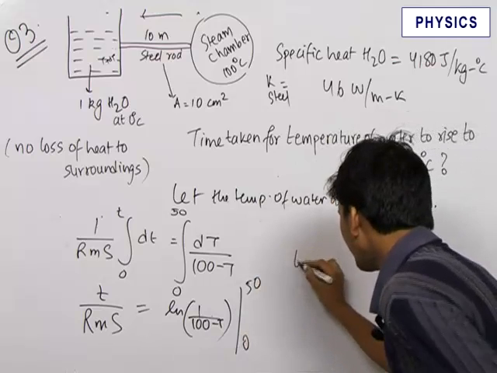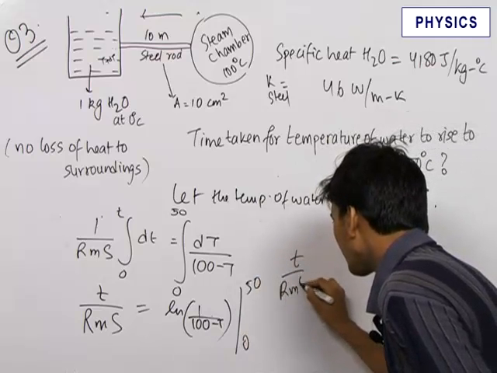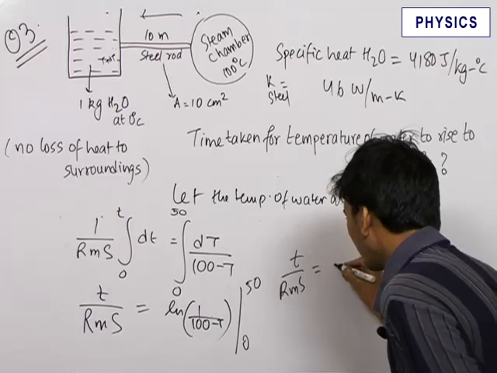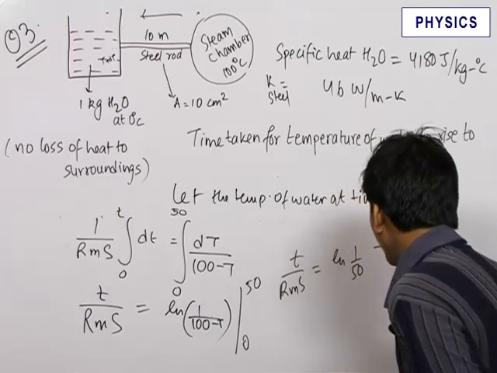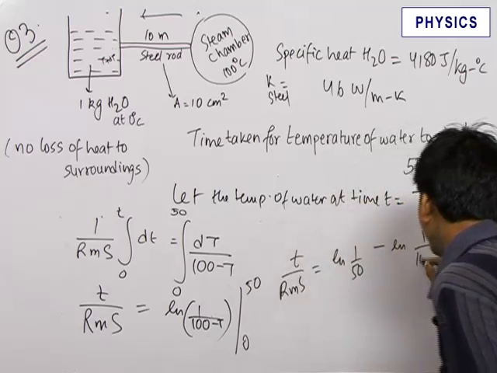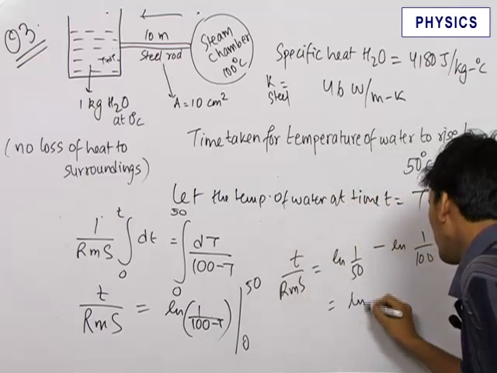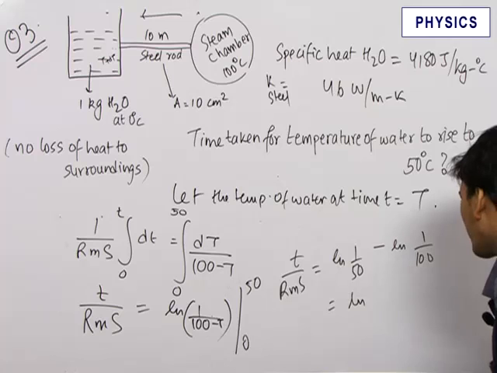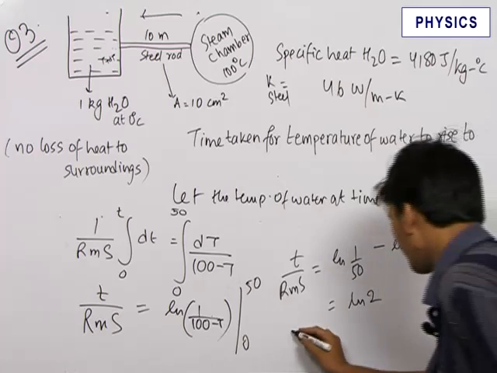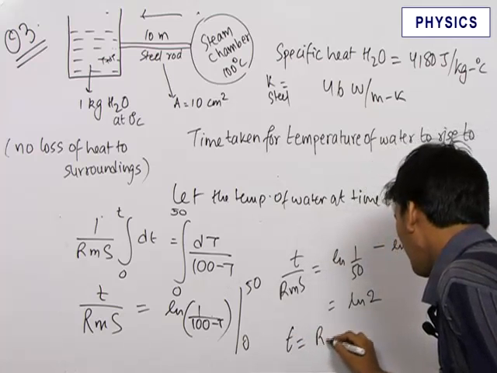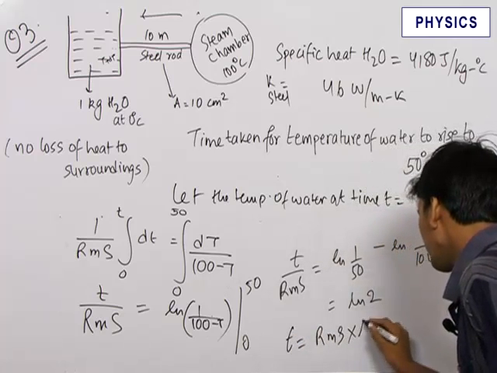On solving this we get t upon Rms is equal to ln of 1 upon 50 minus ln of 1 upon 100. This is equal to ln of 1 upon 50 divided by 1 upon 100, that is equal to ln of 2. Therefore we get the time as R into M into S into ln 2.